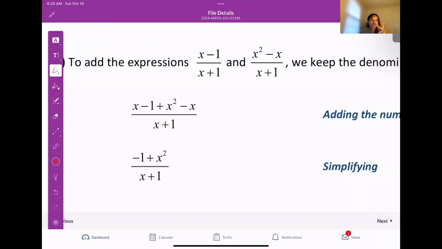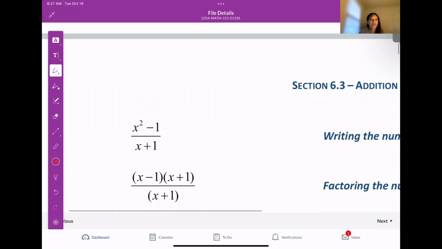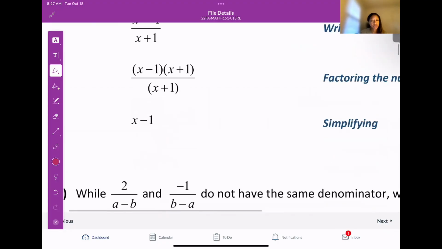Or if we rearrange those terms, that's x squared minus 1 in our numerator over x plus 1. The numerator factors to x minus 1 times x plus 1, and then the x plus 1 in the numerator cancels with the x plus 1 in our denominator. So x minus 1 is our final answer.